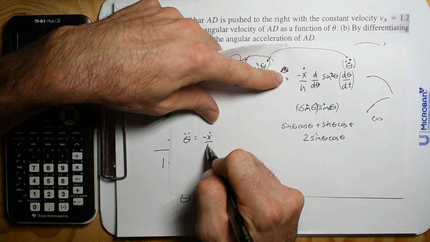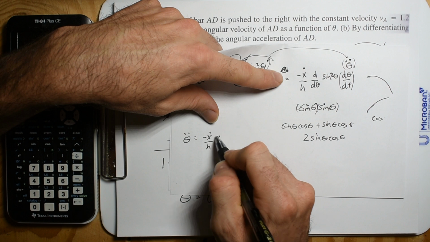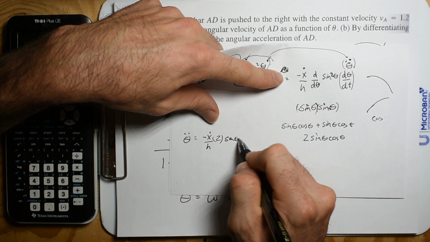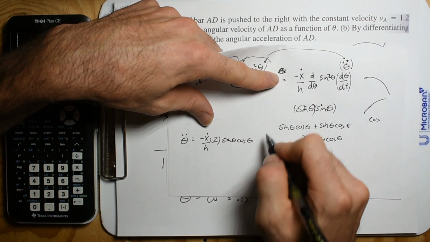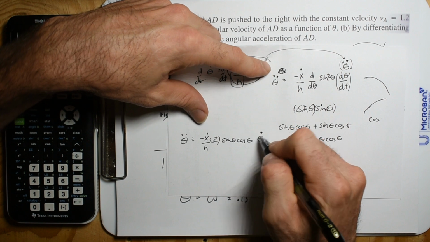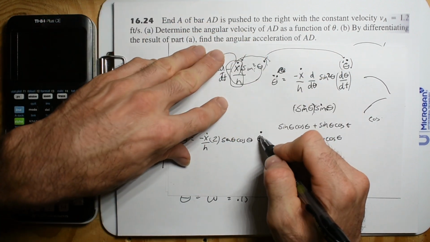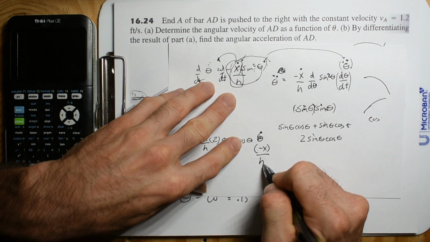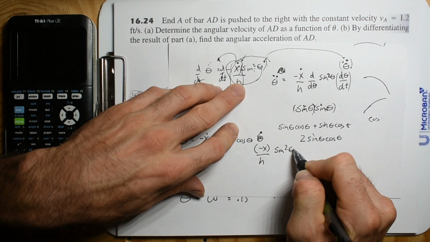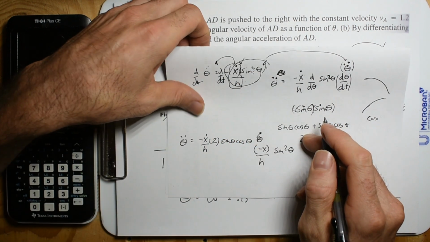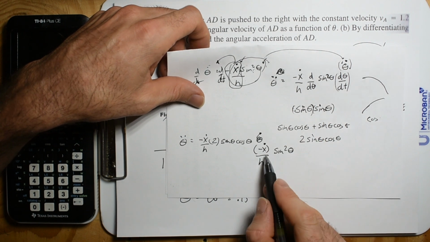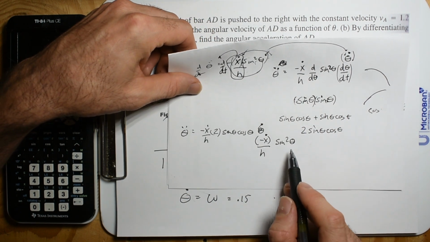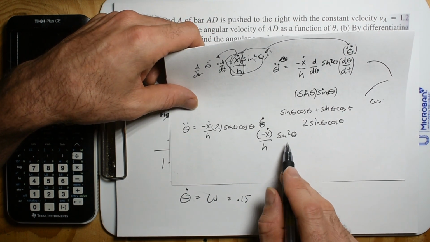So the theta double dot is going to be negative x dot divided by h times 2 sine theta cosine theta. And then we're going to have this theta dot. Theta dot, let's just throw it in, is going to be negative x dot over h sine squared theta. Negative x dot sine squared theta. Sweet.